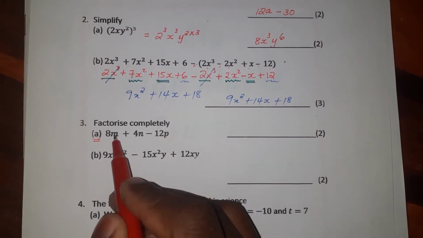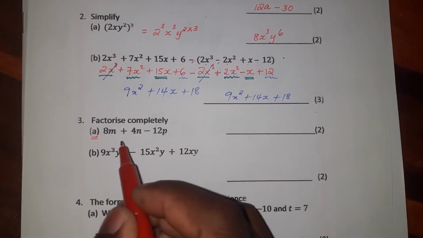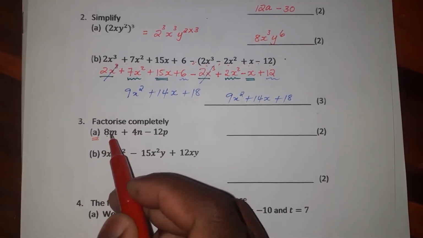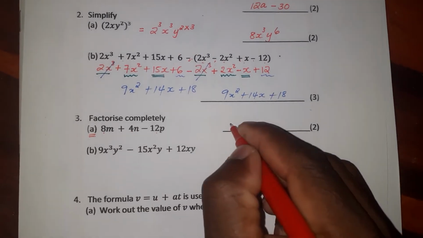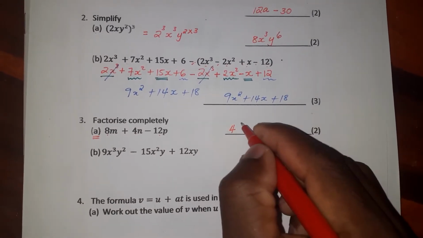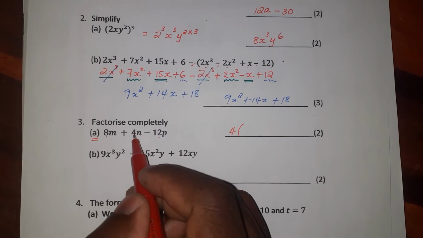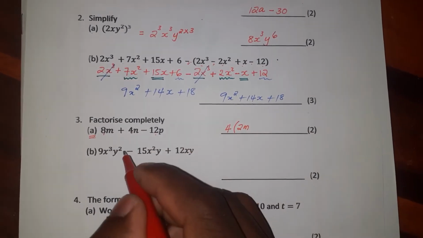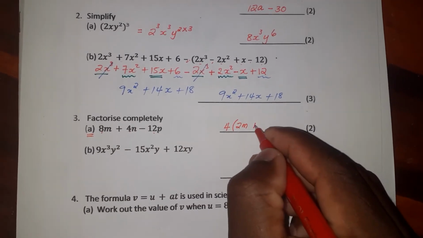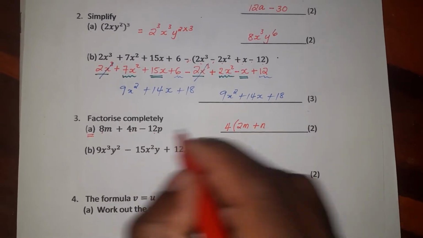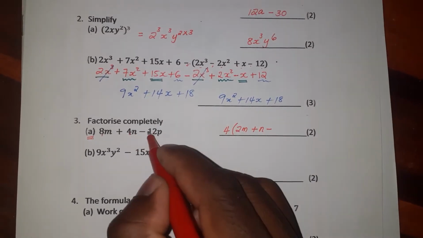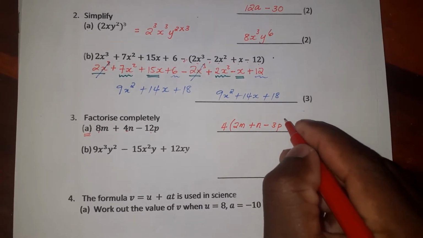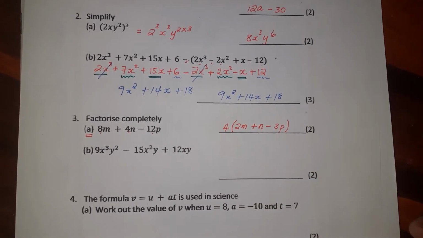Our common factor here will be 4, because 4 is a factor of itself, 4 is a factor of 8, and 4 is a factor of 12. So we factor out 4. Open brackets. 4 in 8 is 2 times, and then we write the m. 4 in 4 is 1, we just write n. And then minus 4 in 12 is 3, and then we write the p. And that is the answer.